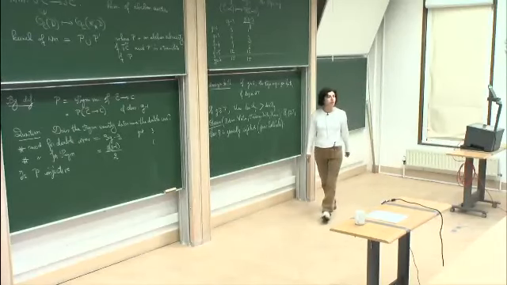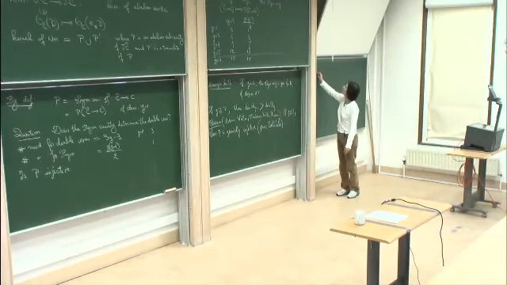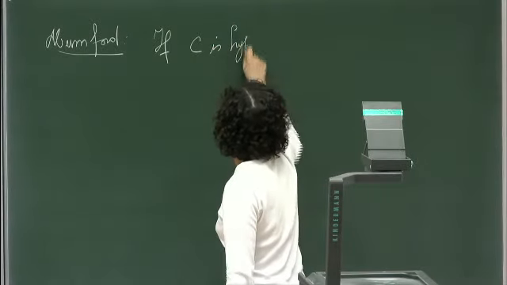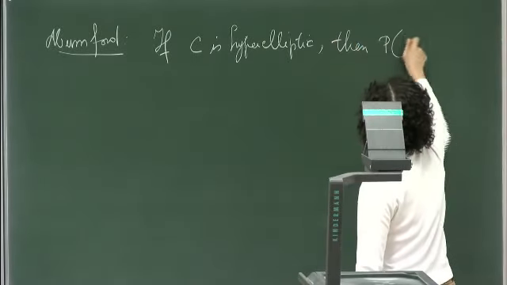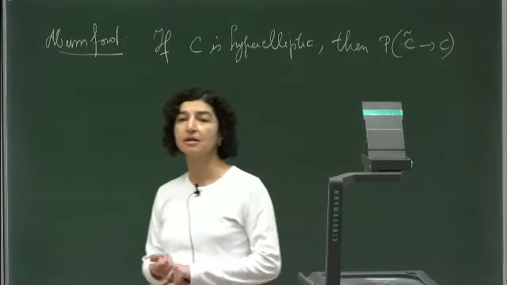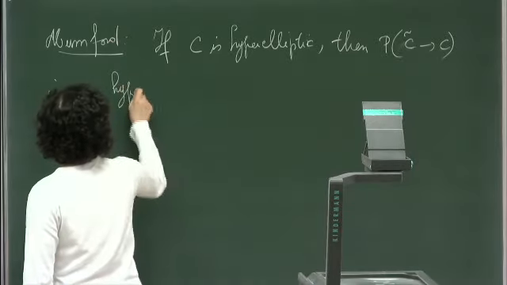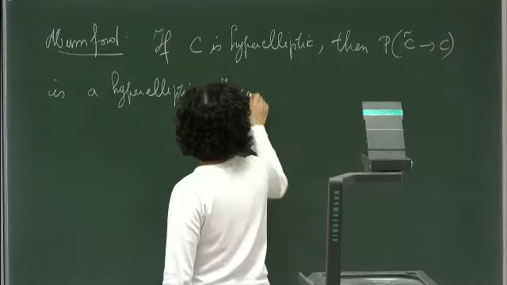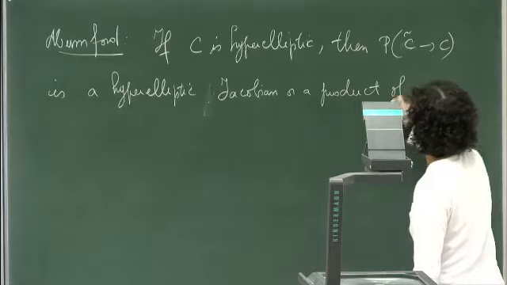Well, first you're going to have to exclude hyperelliptic curves, for instance. Mumford showed that if C is hyperelliptic, then the Prym variety of any double cover of C is either a hyperelliptic Jacobian or a product of hyperelliptic Jacobians.